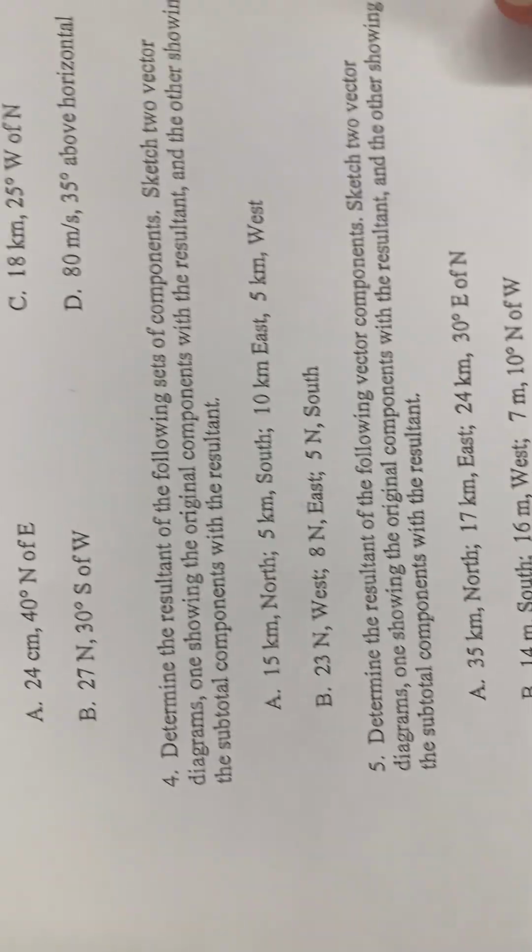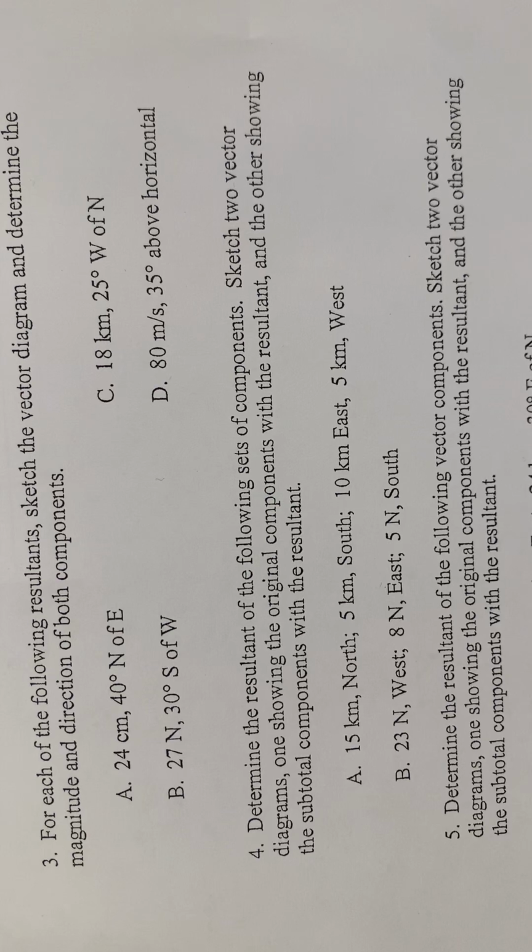Okay, so first of all, grab your vector lecture help sheet. We're looking at number 4 here. What we're gonna do is determine the resultant when we have more than 2 components. What's nice about number 4 is all of these components are set at a cardinal direction, meaning they are perfectly north, east, south, or west.